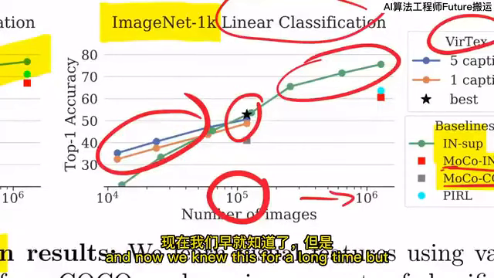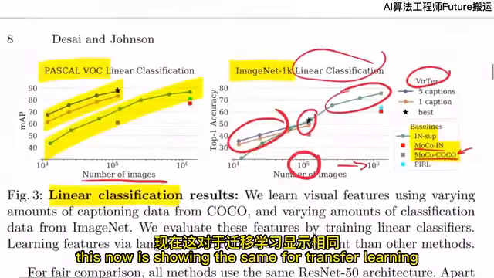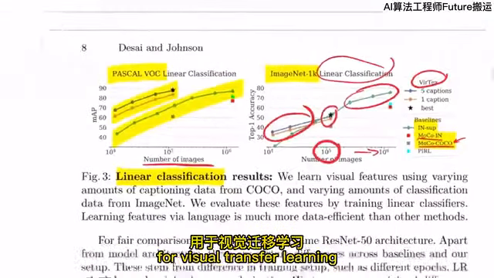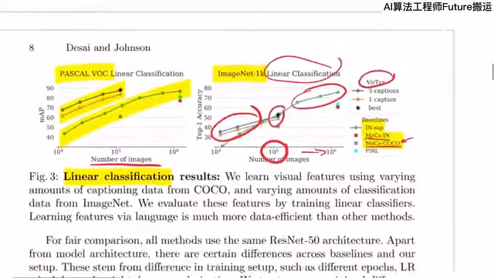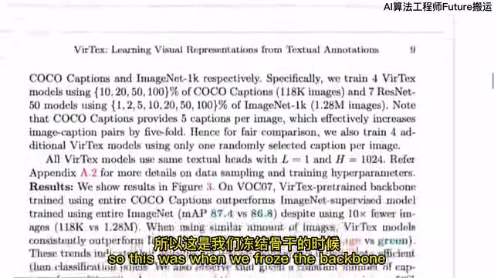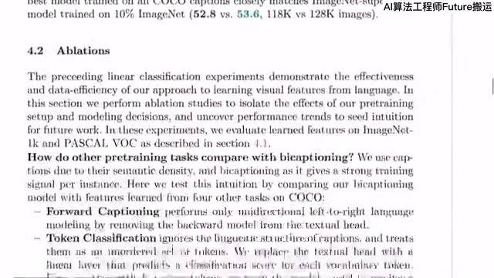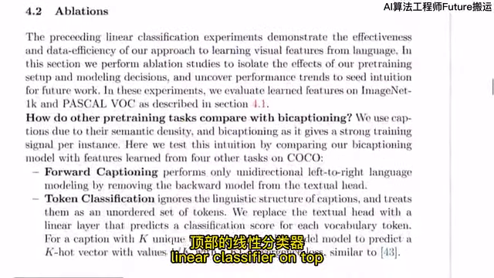And now we knew this for a long time, but this now is showing the same for transfer learning, for visual transfer learning. This was when we froze the backbone and then we trained a linear classifier on top.